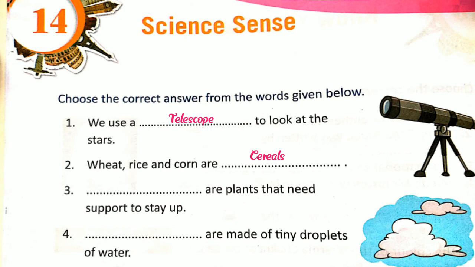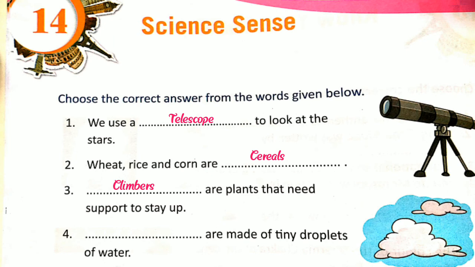Blanks are plants that need support to stay up. Which type of plant needs external support to grow? So it's a climber. Climber plants need external support to stay up or grow.